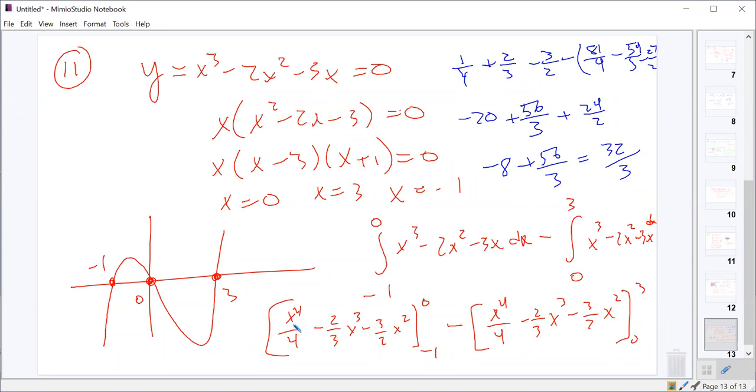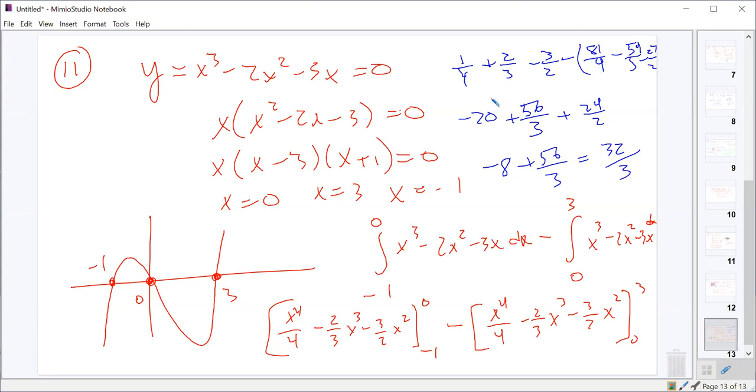0, 0, 0, 1/4 plus 2/3 minus 3/2 minus 81/4 minus 54/3 minus 27 halves. So that was right. Let's see. A fourth minus 81/4 is negative 80 over 4.